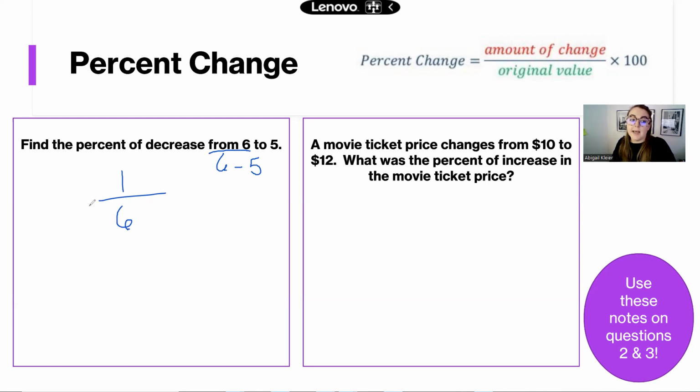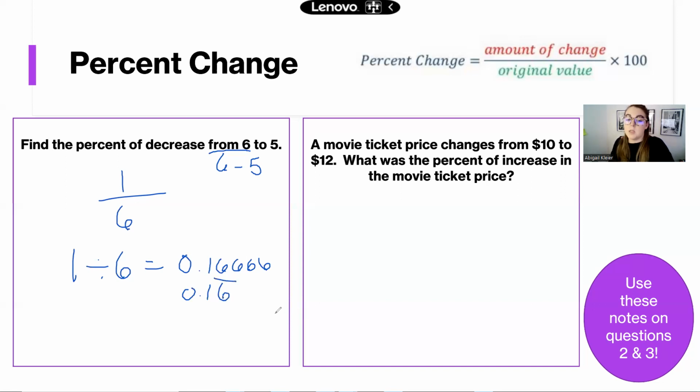Now keep in mind that anytime you see a fraction is a division problem. So we are going to take 1 divided by 6, and we're going to go ahead and divide that. 1 divided by 6. And when you divide that in your calculator, you're going to get something like 0.166666 on forever, or you can write that as 0.16 repeating.